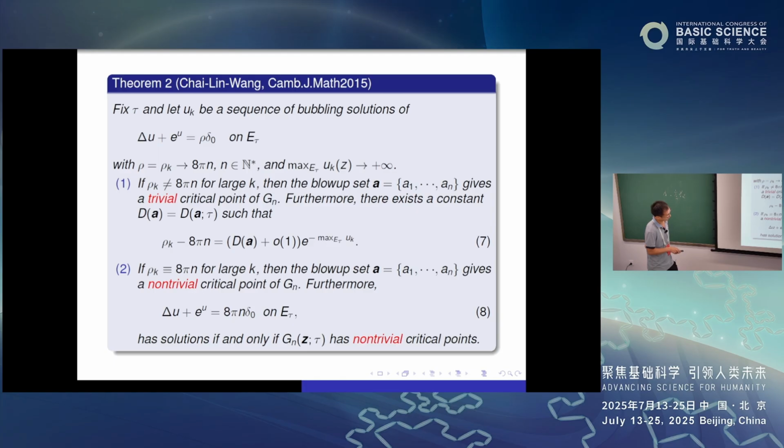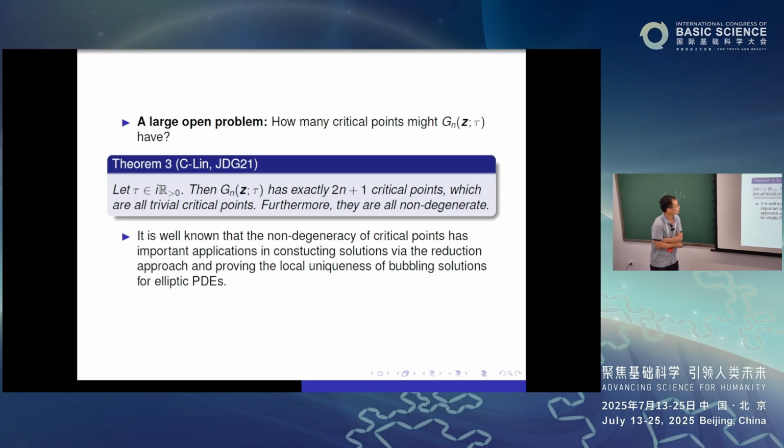From this theory, you can see both trivial and non-trivial critical points are important for the bubbling phenomenon of this equation. So a large open problem is how many critical points this function might have.